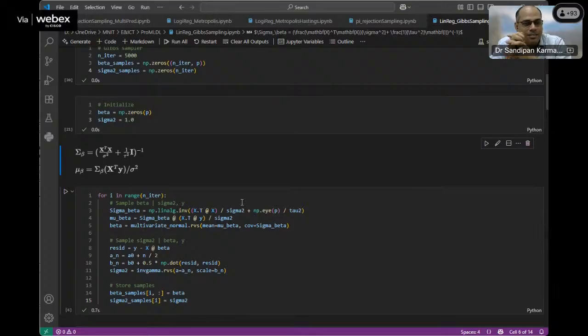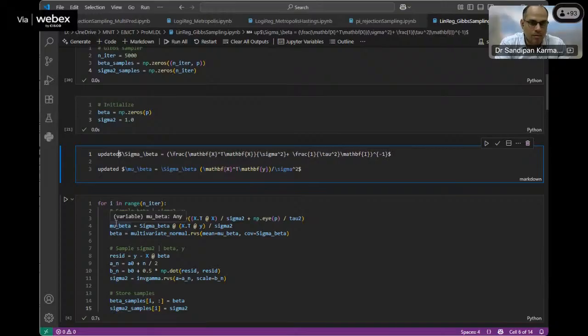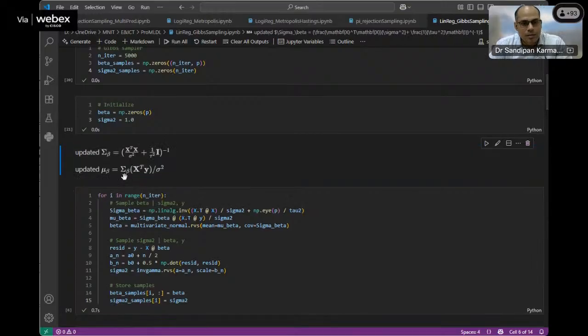What was that? Tau square is coming there. That was actually mu beta. They are updated, so these are the updated ones, right?